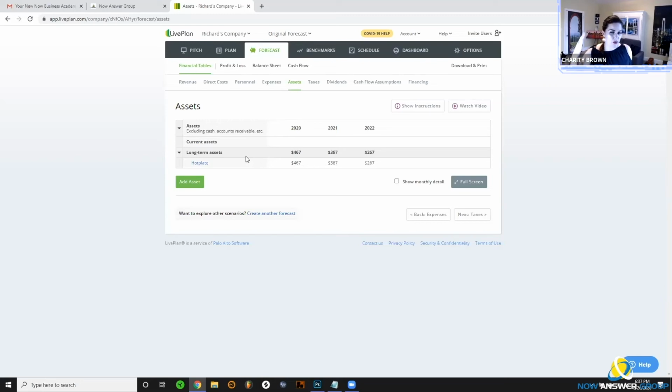Someone needs to help you determine what that asset value is. Okay. All right. So cash, intellectual property, computers, equipment, inventory. Gotcha. Thank you.